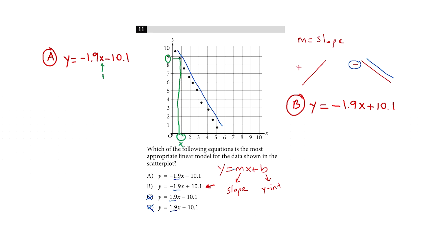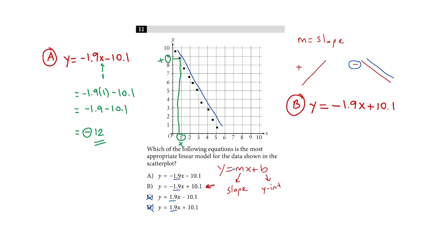So if I substitute negative 1.9 times 1 minus 10.1, from here, negative 1.9 minus 10.1, it's going to be negative 12. It doesn't matter exactly, but I find a negative number. I am supposed to find a positive 9 or a number between 9 and 8. It should be positive, but I got a negative number. So it looks like this is not correct.